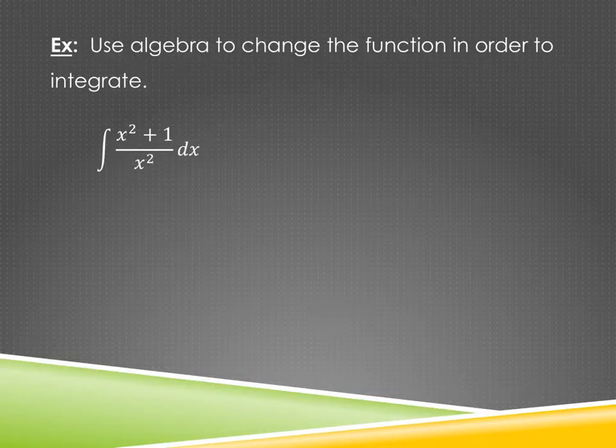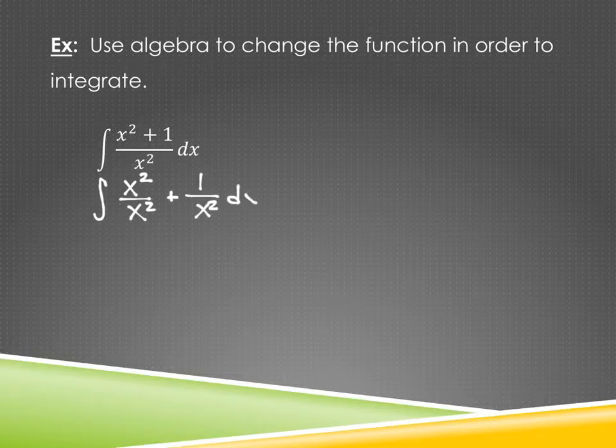This problem looks like division, doesn't it? But it's division with a single term. We call a single term a monomial on the bottom. The reason that matters is because I can actually separate this out so that each of the components of the numerator is written over the entire denominator. And the reason that's useful here is because the entire denominator is one single expression.